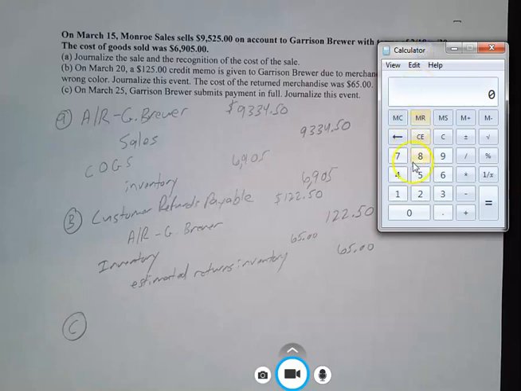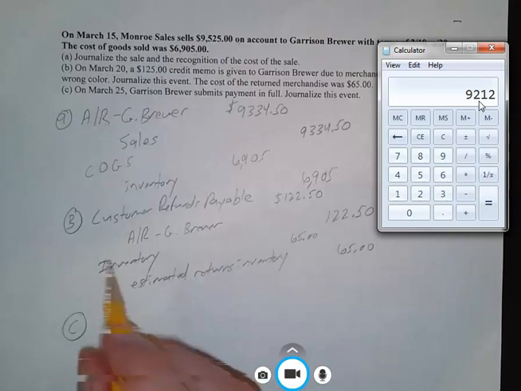Originally Garrison Brewer owed $9,334.50, of which $122.50 was forgiven because Garrison Brewer returned that merchandise due to it being the wrong color. So that leaves a total amount of $9,212. So they paid that.